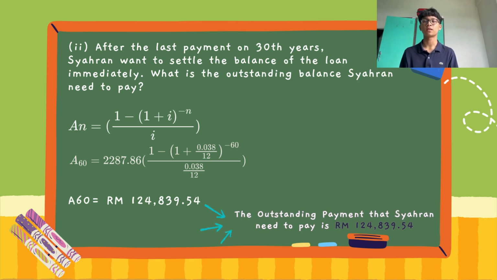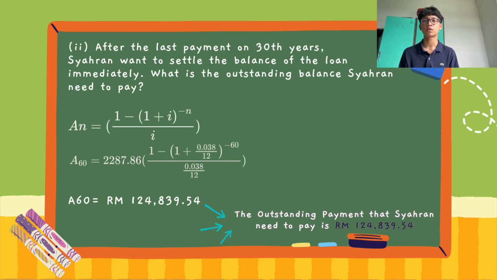After the last payment on 30 years, Shahran wants to settle the balance of the loan immediately. What is the outstanding balance Shahran needs to pay? So as you guys can see, this is a special case question. To solve this question, I will be using the advance payment formula. So let's fill in the value first.